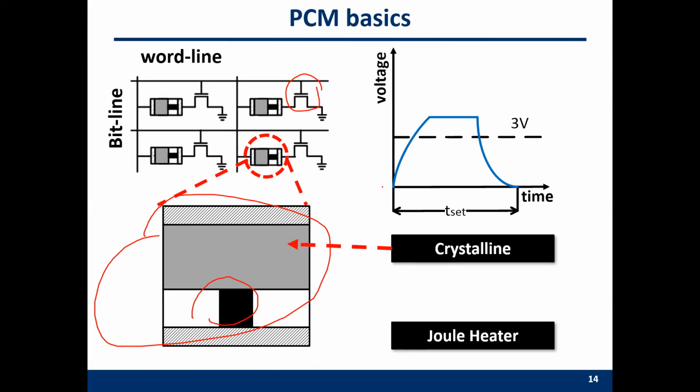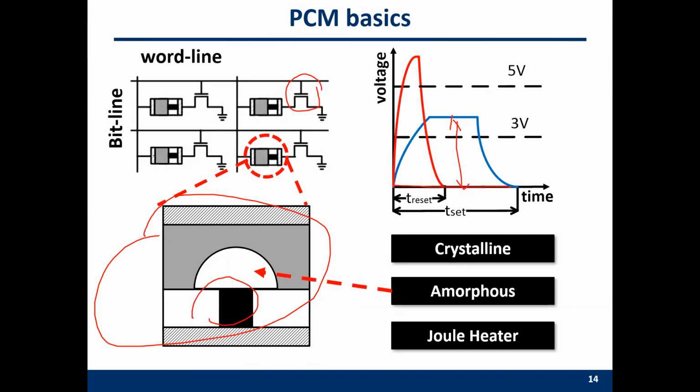When you apply a very long duration, but small amplitude current, we can program the cell into the crystalline state. By a very short duration, but large amplitude current, we can program the cell into the amorphous state. Not all the material is in the amorphous state, but maybe only the portion close to the heater. And then the resistance will change in this layer. So in this way, you can change the data in the PCM.